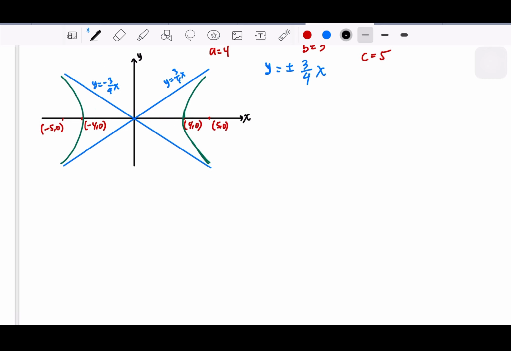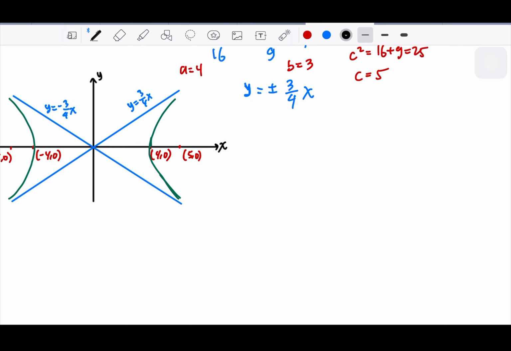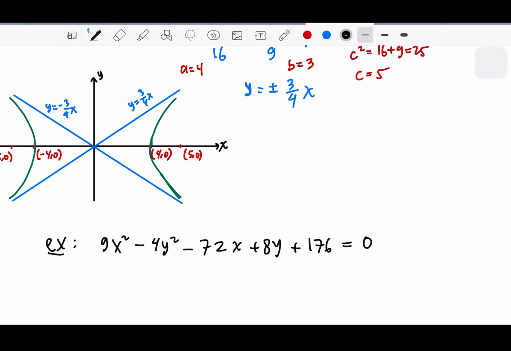So for example, if we have 9x squared minus 4y squared minus 72x plus 8y plus 176 equals 0. Now the question is sketch the curve.